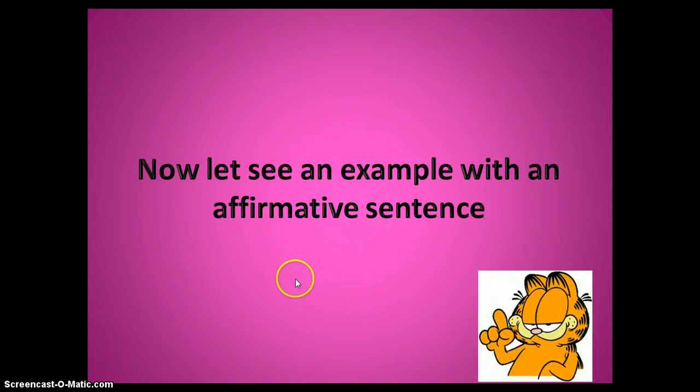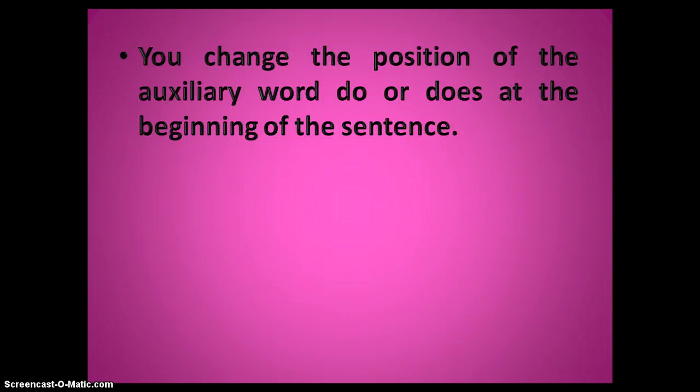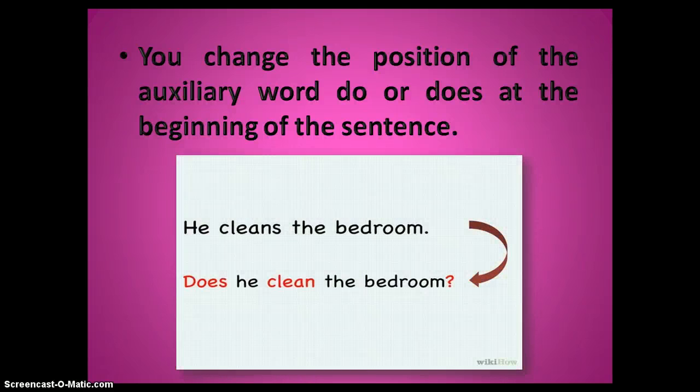Now let's see an example with an affirmative sentence. You change the position of the auxiliary word do or does at the beginning of the sentence, obviously, again. So you have an example here. He cleans, don't forget letter S, he cleans the bedroom, and then you have to change it to a question. So what are you going to do?